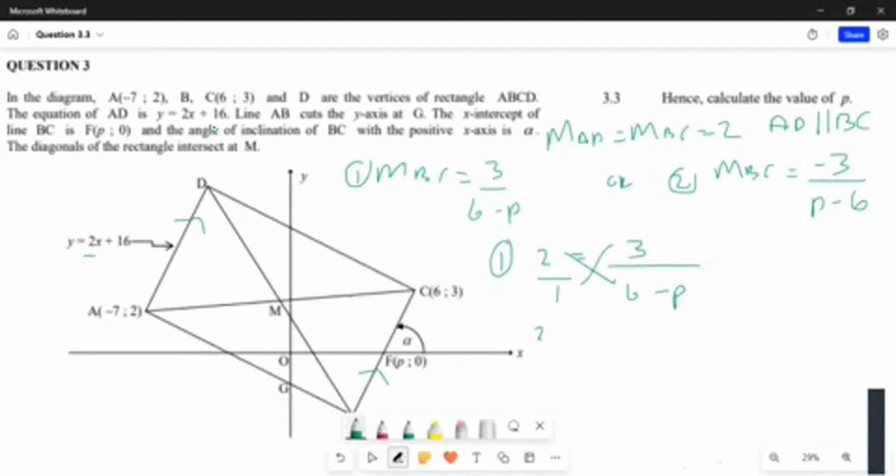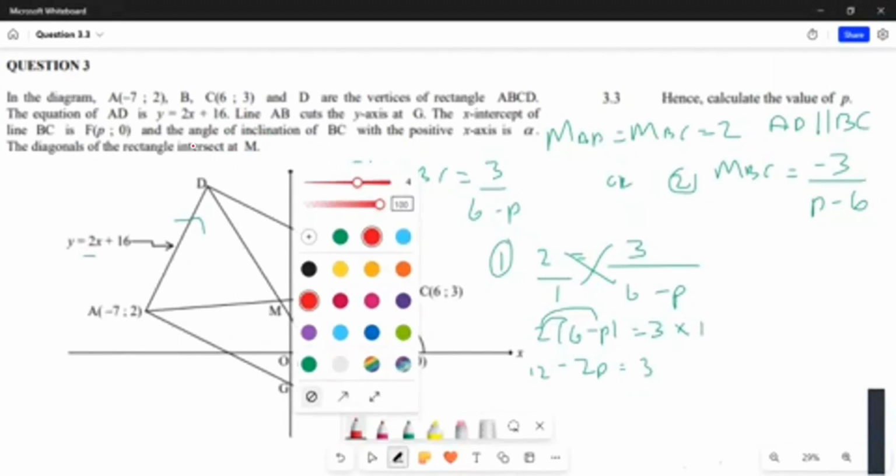So we will have 2 bracket 6 minus P equals 3 times 1. We will multiply the 2 with the 6, which will give us 12. We will multiply the 2 with the minus P, which will give us minus 2P. And 3 times 1 is just equal to 3. We want to get this minus 2P on its own.